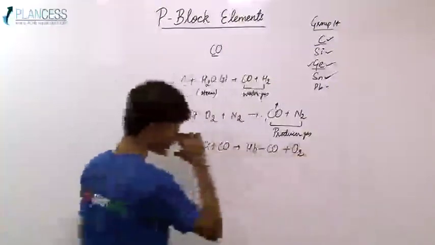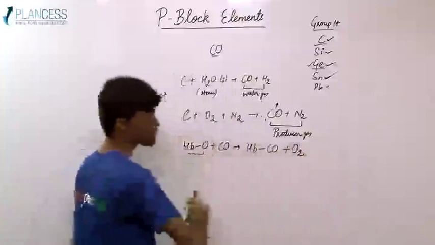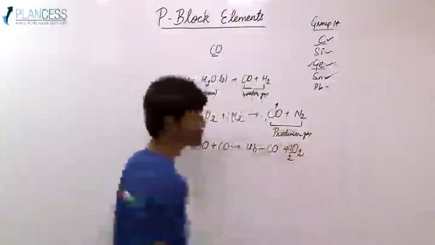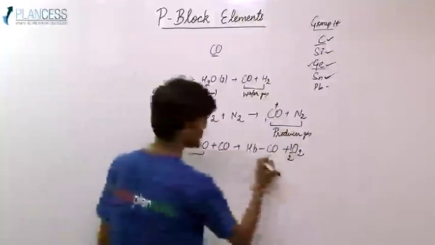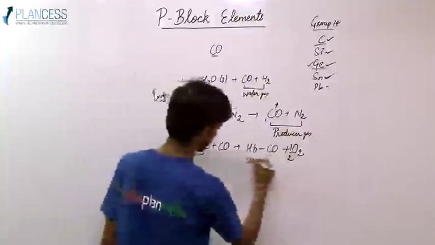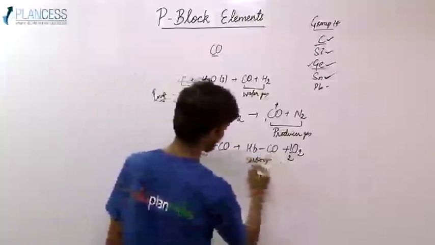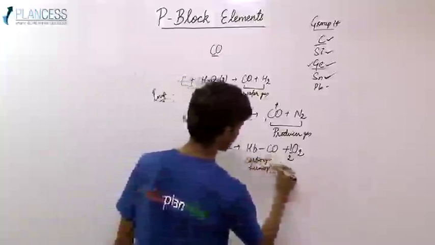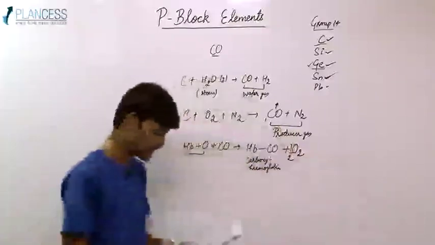So hemoglobin is not able to transport oxygen throughout the body, which eventually leads to death. So carbon monoxide is toxic in nature.